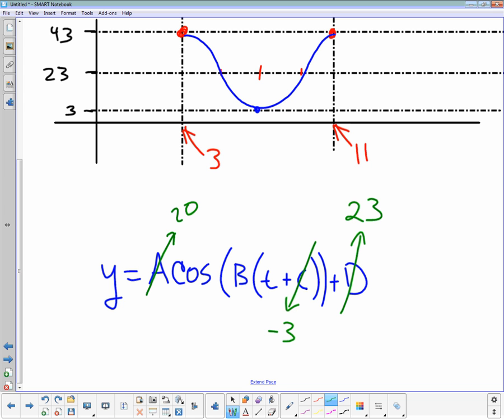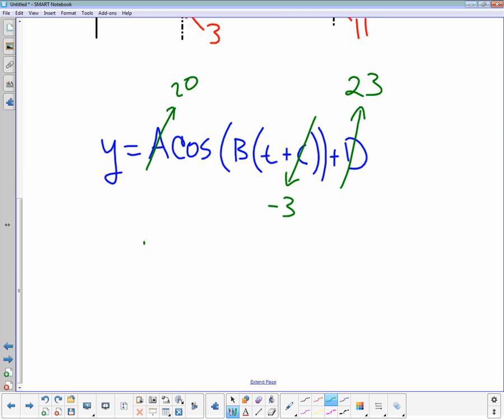And now we have to futz around with B. Remember, B is the term that 2 pi is divided by. It's the width of a wave. I'm sorry, the number of cycles in 2 pi. So the period in this example is what? What's the width?